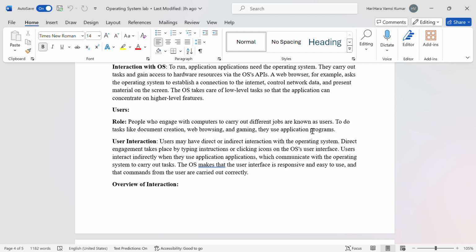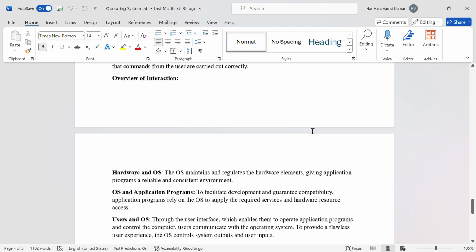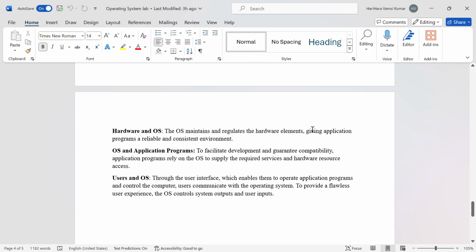The OS makes sure that the user interface is responsive and easy to use, and that commands from the user are carried out correctly. And the last one is overview of interaction.